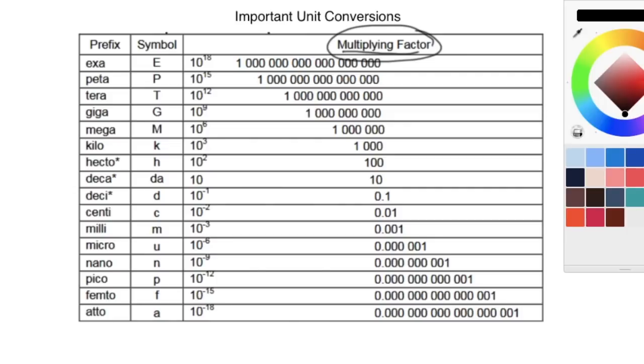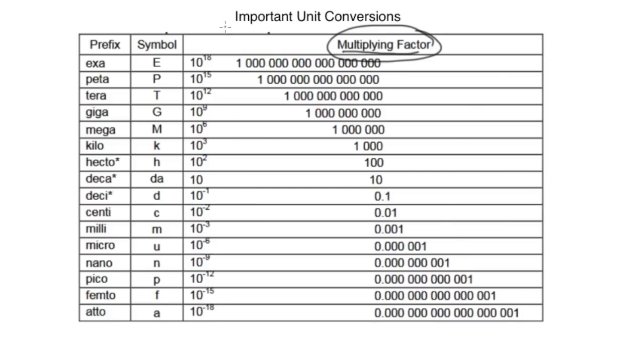When you take the prefixes, starting from exa, we deal from mega up to pico and femto. So in chemistry we'll deal from mega and go up to femto.